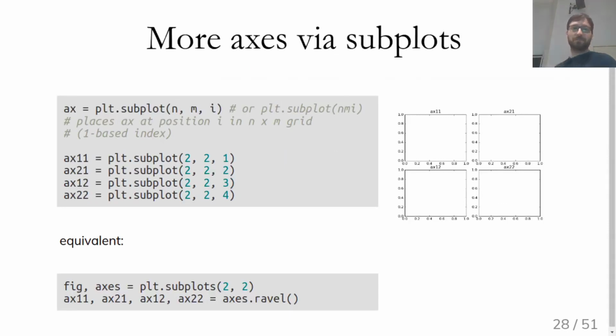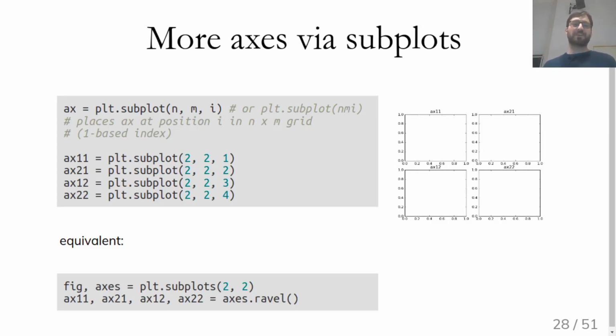So if you really like MATLAB, there's one way to create a similar thing, which is just call plt.subplot nmi, where n and m is the shape of the grid, and it will add something to the ith, and you will get the ith element of this grid back.